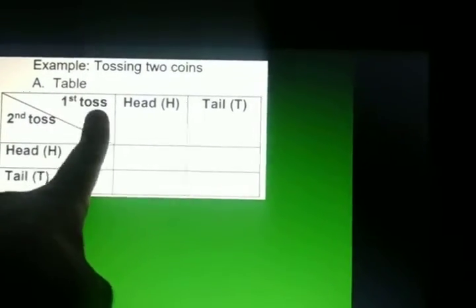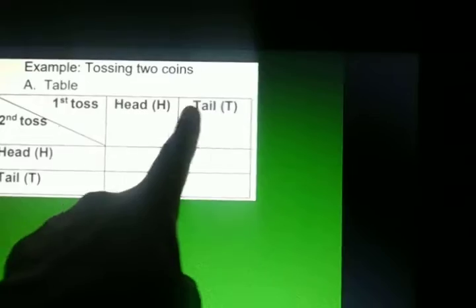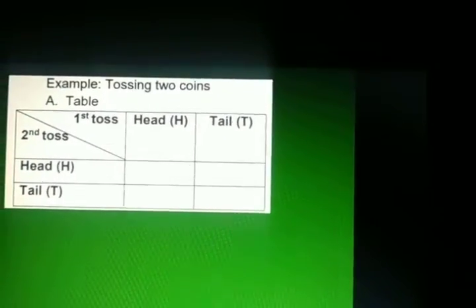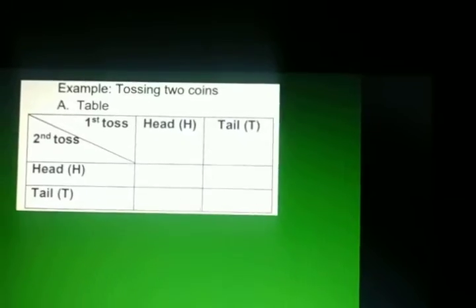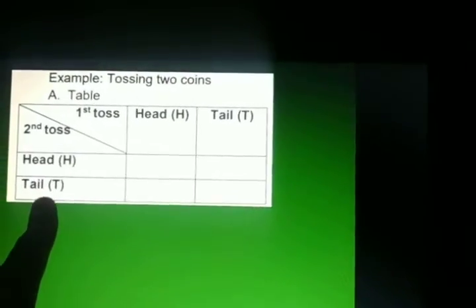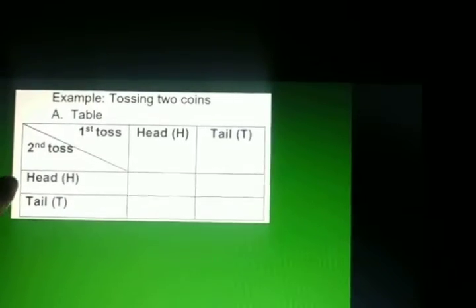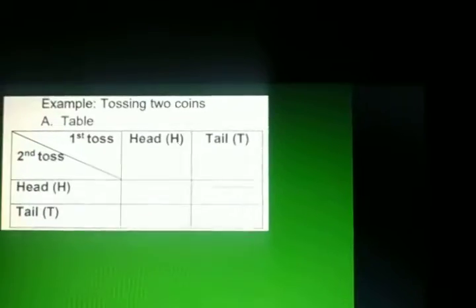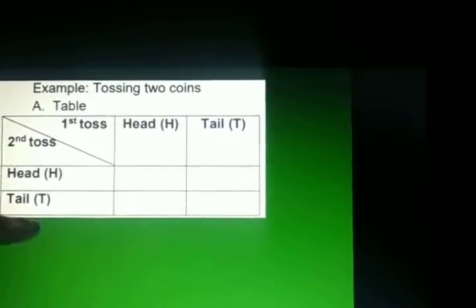So, ang pwede nga magwa sa first toss is the head or the tail. Kaya sama lang ang coin, may posible nga duwa ka magwa. Isa ka head, isa ka tail. So, sa una mo nga coin. Ikaduwa naman nga coin, diri naman. And sa ikaduwa mo nga coin, there are 2 possible ways or 2 possible outcomes. May isa ka head, isa ka tail, or pwede man i-interchange mo.